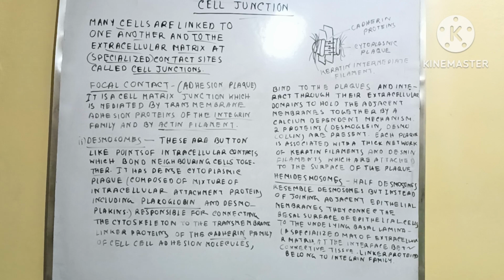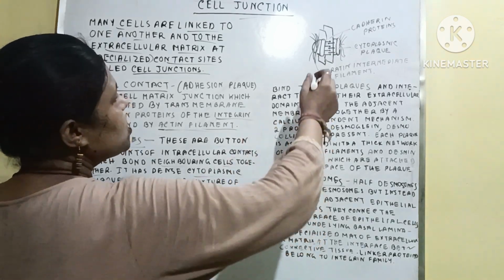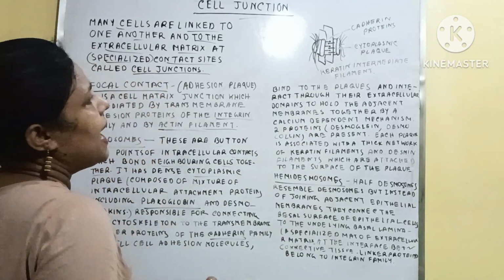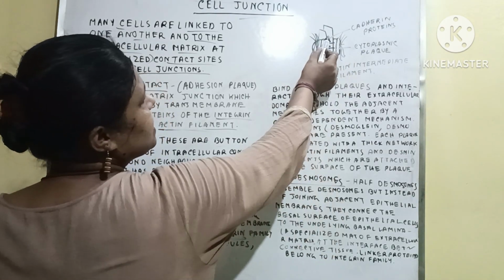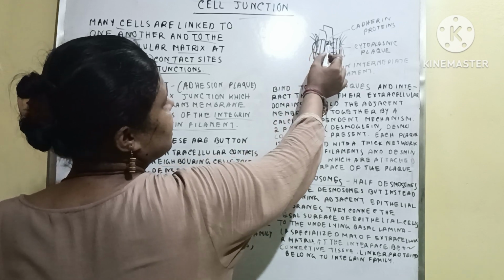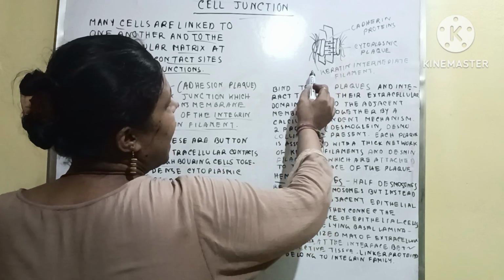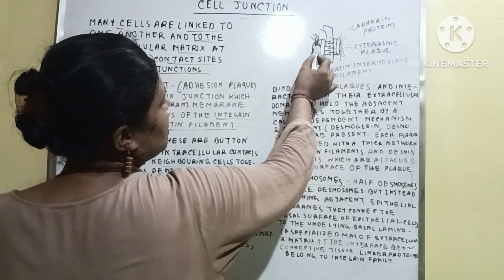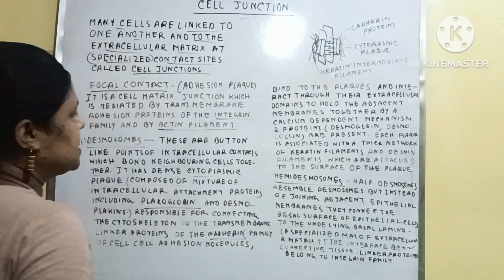It has a dense cytoplasmic plaque, and this is the rough structure of the desmosome. This is known as the cytoplasmic plaque. These are the cadherin proteins, and these are the keratin intermediate filaments.